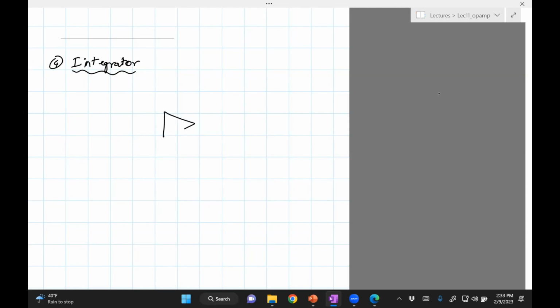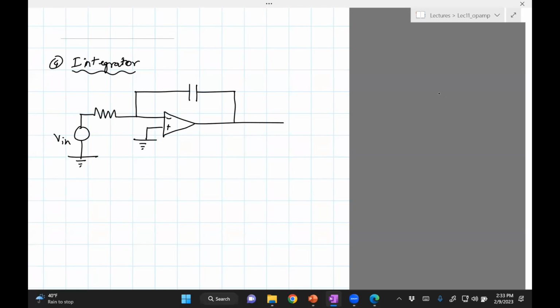Okay, an Opamp. Capacitor fed back to the inverting input, which goes through a resistor, connects to a voltage source, to the ground, and then the non-inverting input is connected to the ground.